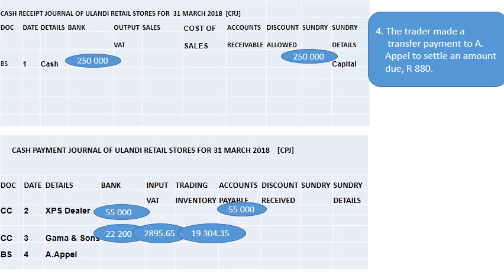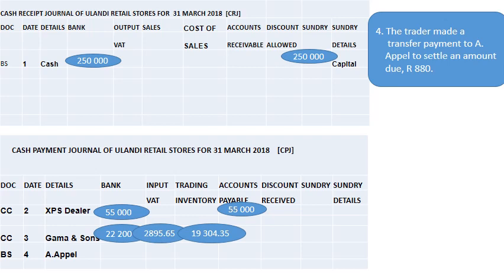The next line transaction is line transaction 4. In line transaction 4, the trader made a transfer payment to Apple to settle an amount due of 880. Line transaction 4 will affect our payments.